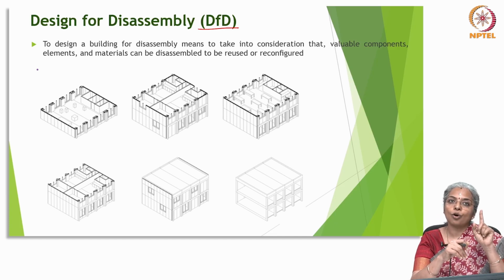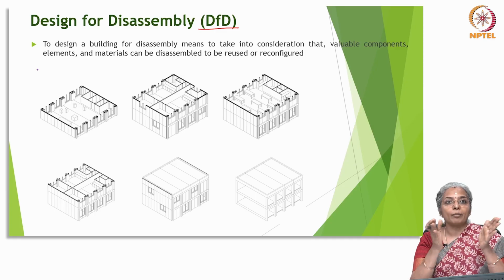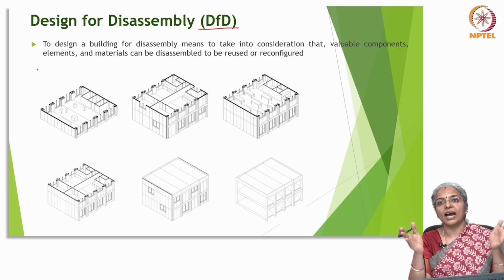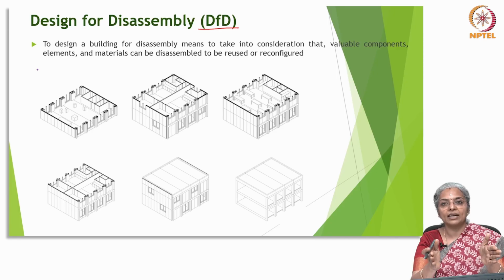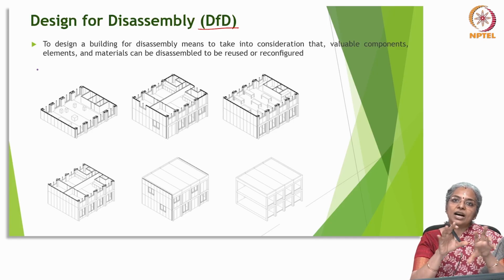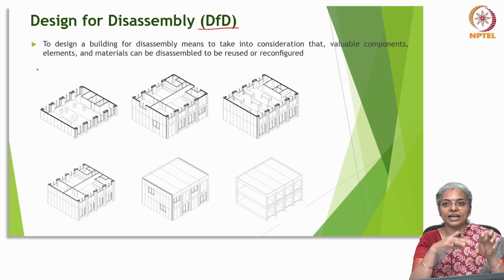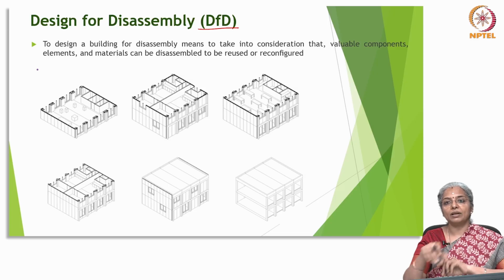Therefore, you should always have a clear plan for deconstruction in order to maximize the recovery and reuse of the material at the end of its life, when you start using reversible connections, modular design and traceable materials.